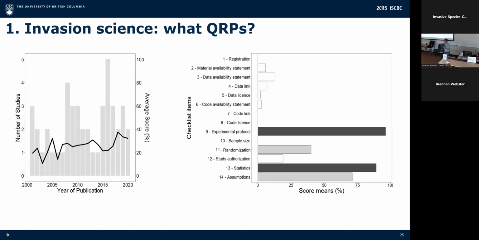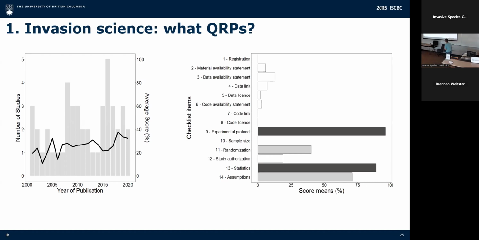On your left here is the number of publications as a bar chart over the years, a handful of studies each year, dating back to 2000 up to 2020. The black line is the score overall. On the right-hand side are some of the practices that we were looking at.